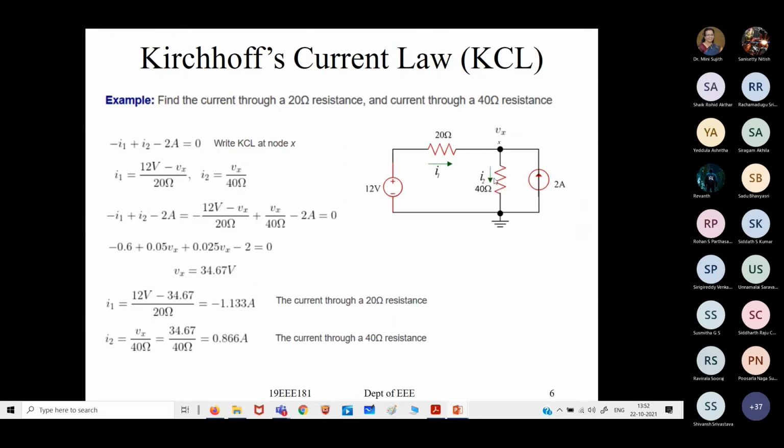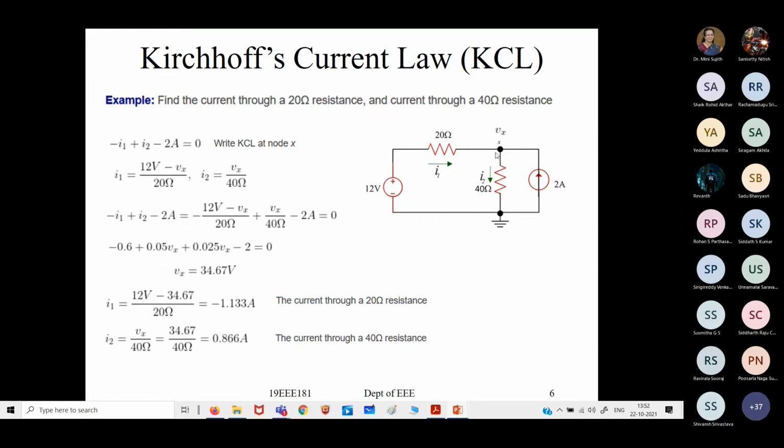So an example of a circuit we'll take to find the current in the 20 ohm and 40 ohm resistor in this given circuit. Based on KCL, what will be the equation? Again, as I told you, you can assume the sign convention either way.